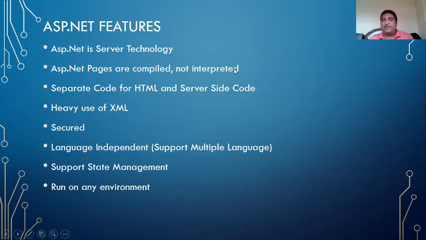As it is a high-level programming language, it must be compiled and generate the source code. Separate code for HTML and server-side code. So the designing part is different and the coding part is different. Two different codes are generated. Heavy use of XML, as XML is lightweight. We heavily use that.